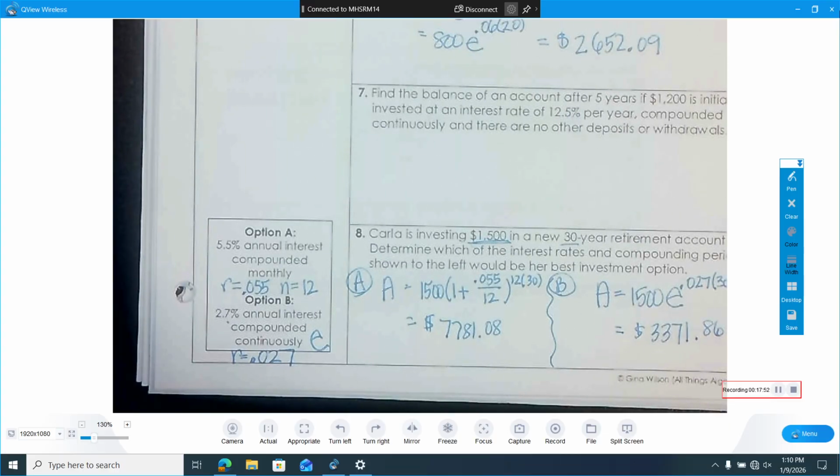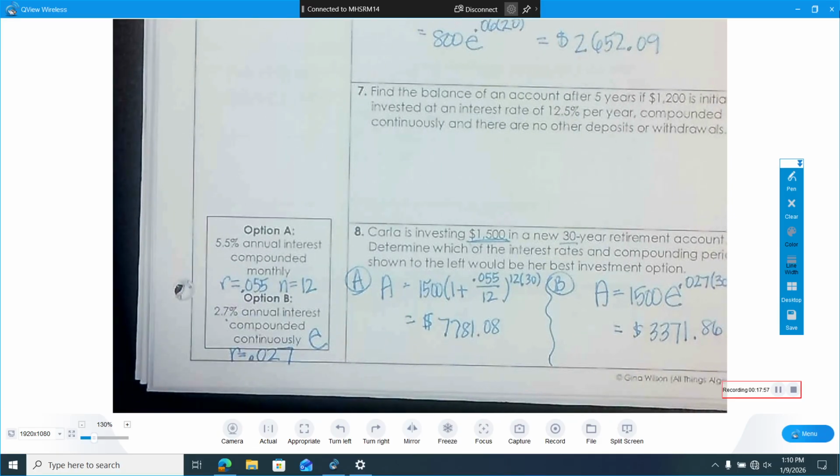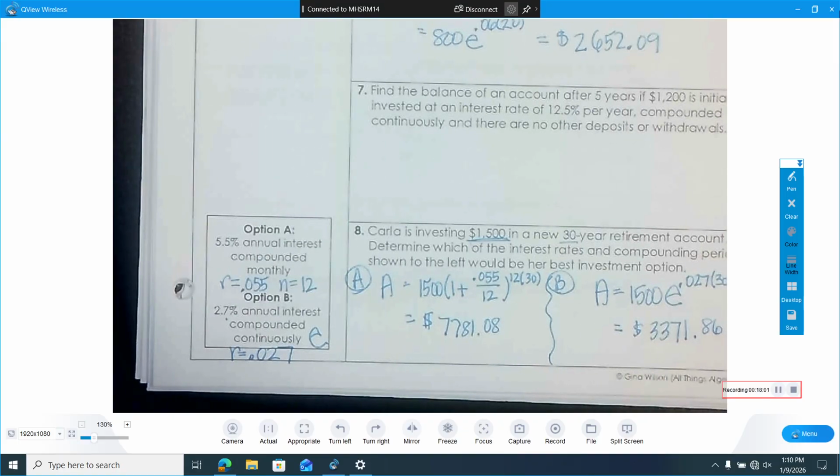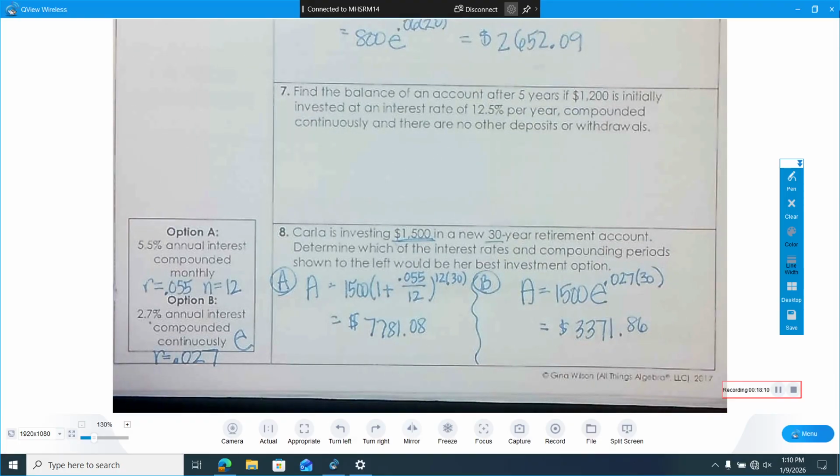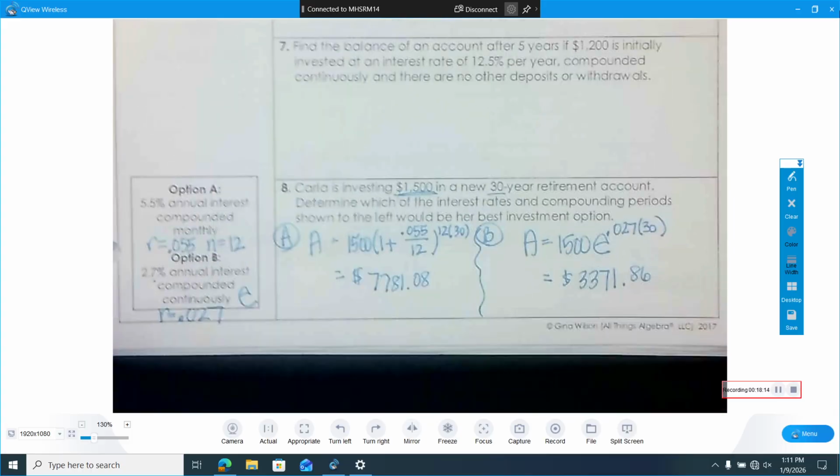So 5.5 is way better. Yeah, 5.5% interest compounded monthly is way better than compounding half as much continuously. Interesting. It's a big difference. What if they were the same rate? Then the continuously compounded one would be better, yeah?